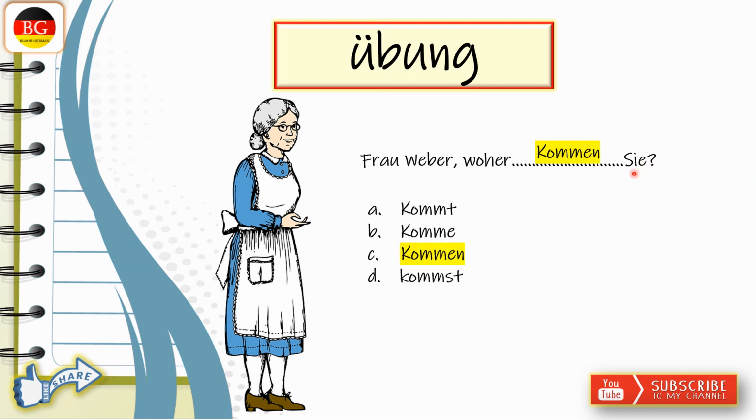Here, the S in Sie is capital, so that represents the formal form of you. Now, how do you know that it is talking about Frau Weber? Because of this comma. So the answer is kommen. Frau Weber, woher kommen Sie? Mrs. Weber, where are you from?